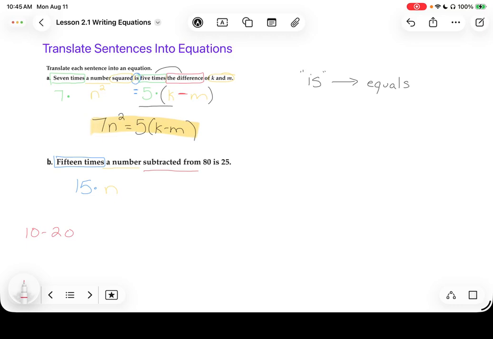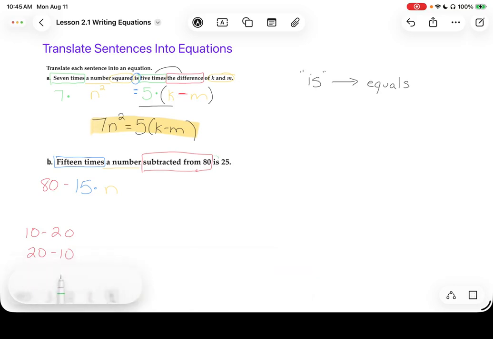Subtracting 10 from 20 means 20 minus 10. So the order here is important. Subtracted from 80 means take 80 and subtract 15n from it. 15 times the number subtracted from 80 means 80 minus 15 times n.